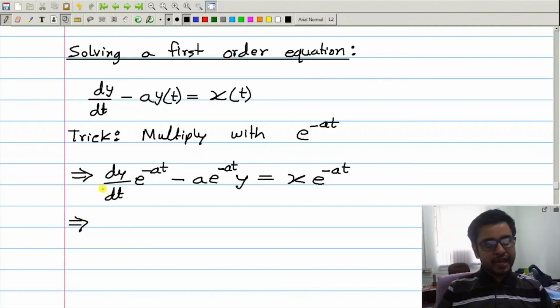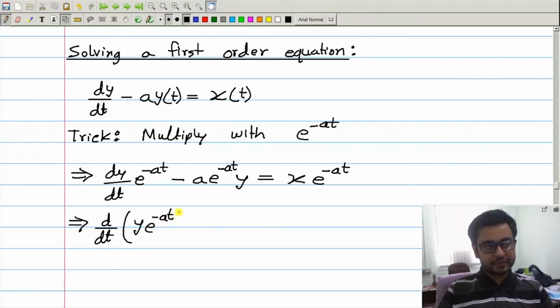Now note that the left side of this equation can be written as d/dt of y e to the power minus at. You can verify this by differentiating this product using the product rule. Right side as it is.